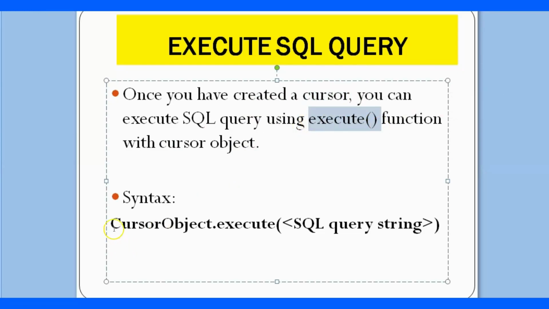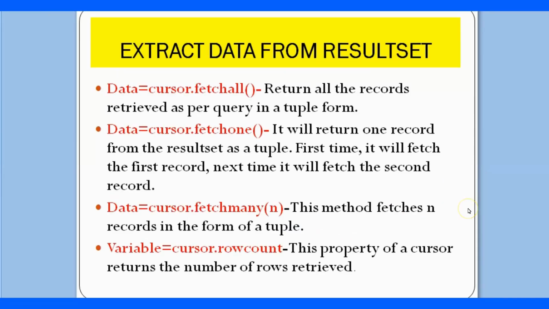The syntax is cursor object dot execute. In the execute function, we put the queries. The queries are the same as what we studied in SQL commands. Whatever commands we studied in SQL, you type the same here to execute those queries. Understand?